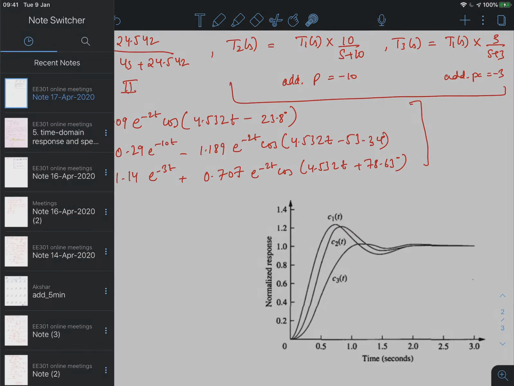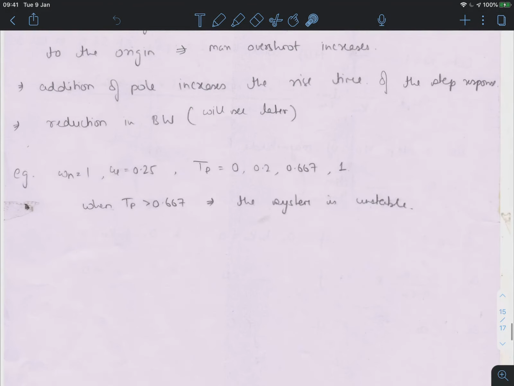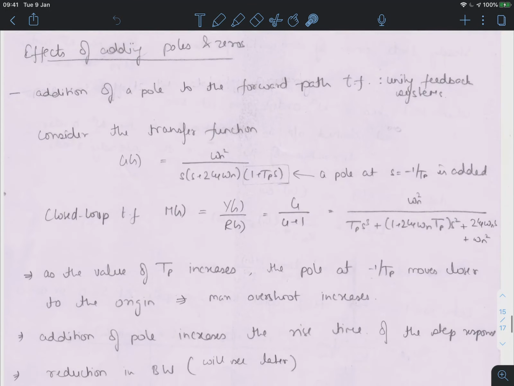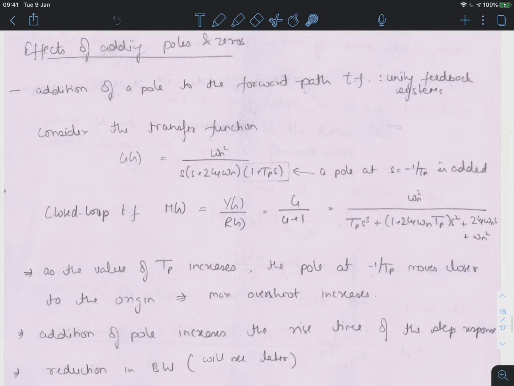Okay, so let's see a deeper analysis. Now we shall see what happens if I add a pole into the forward path transfer function, considering a unity feedback system. So here we will consider two cases.